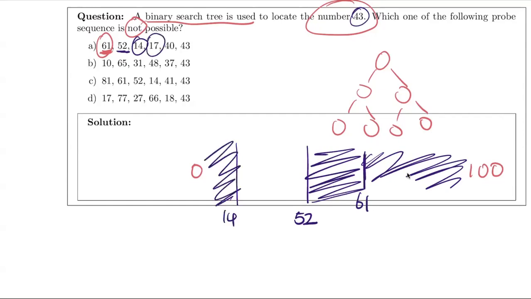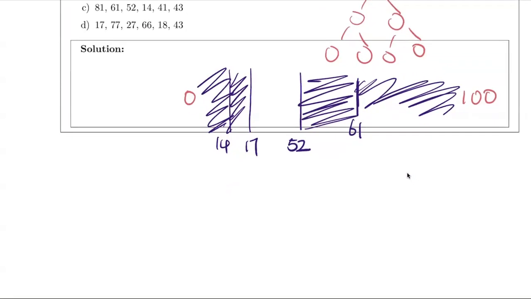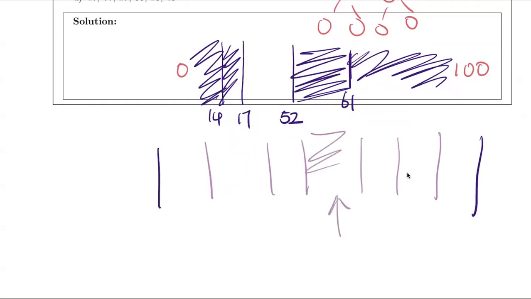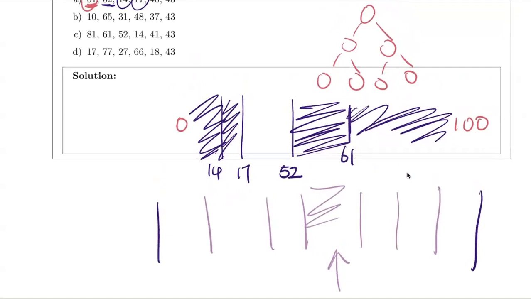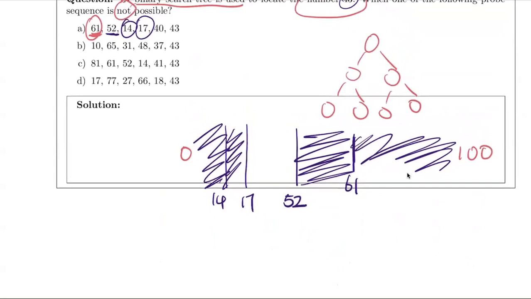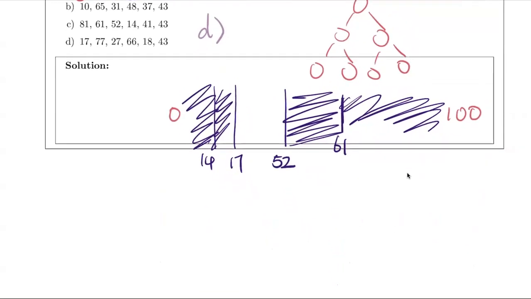Then 17, and we discard the left-hand side. So we started from this wide range, and we are constantly shrinking or narrowing our target into a specific slot. We need to think about it that way. So the correct answer is D. D is not possible for this reason.